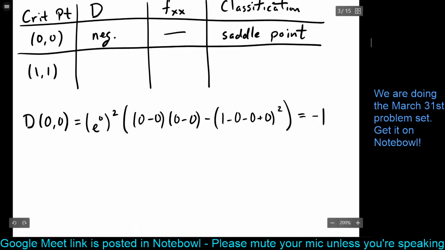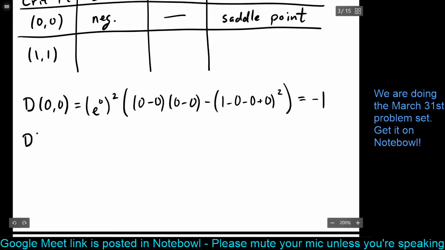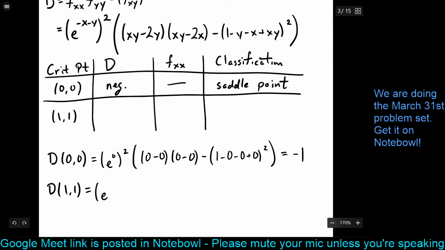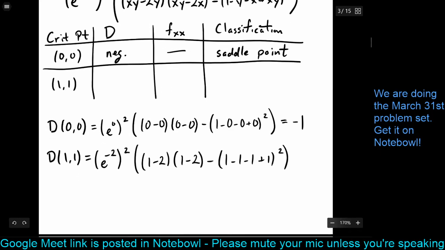Okay. Now we need to do D of 1, 1. So this is going to be e to the negative 2 squared times, this is going to be 1 minus 2, 1 minus 2, times 1 minus 1 minus 1 plus 1, squared. The nice thing here is all this is gone. That's all 0.